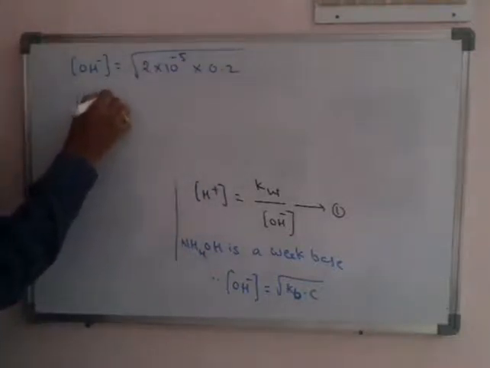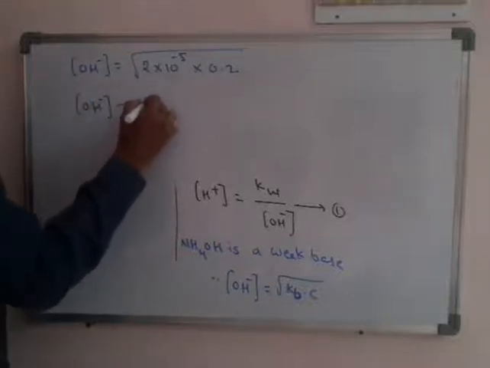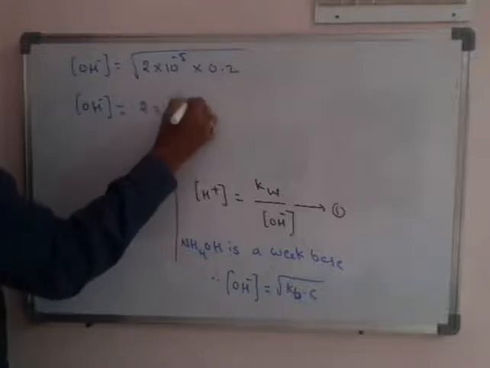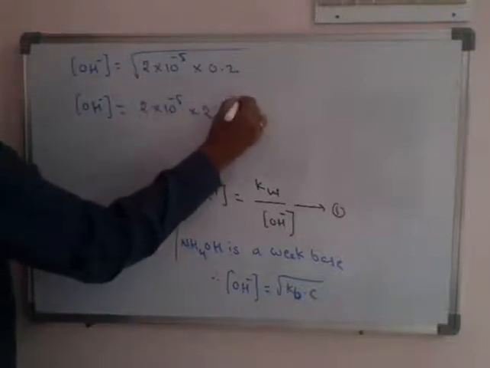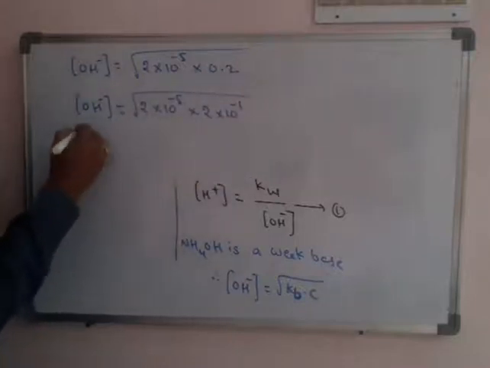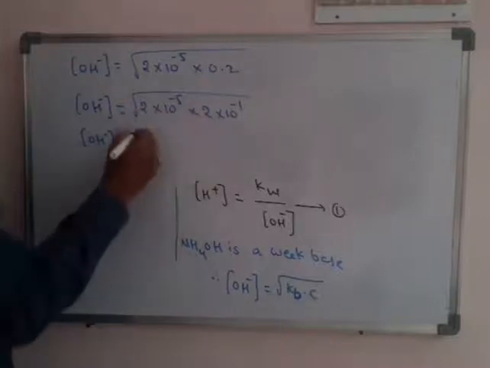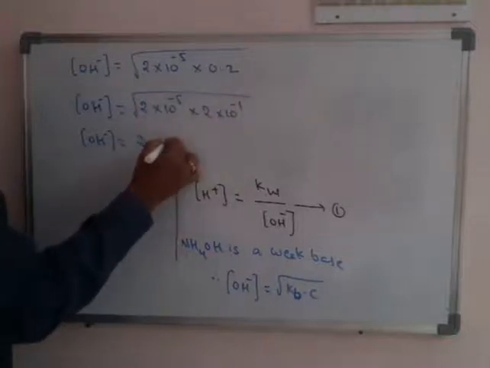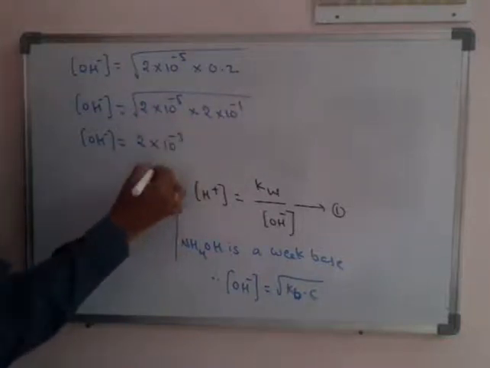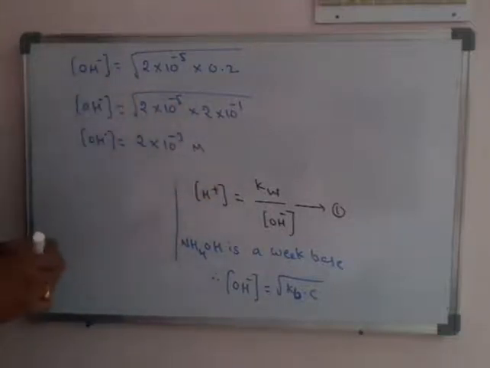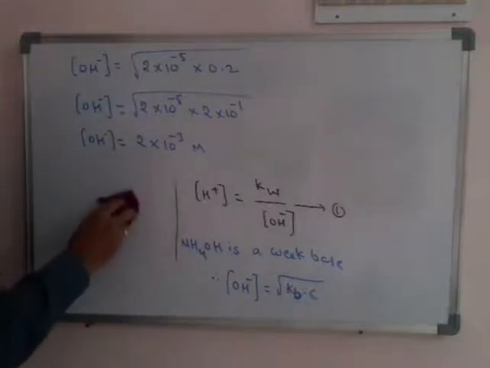For simplification, 0.2 we make it 2 into 10 to the power minus 1. So finally, on removal of the root we get 2, and for 10 to the power minus 5 minus 1, that is minus 6, on removal of root we get 10 to the power of minus 3 molarity. So we got the concentration of OH minus.